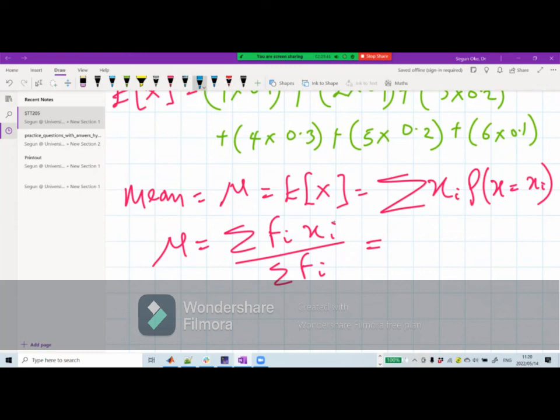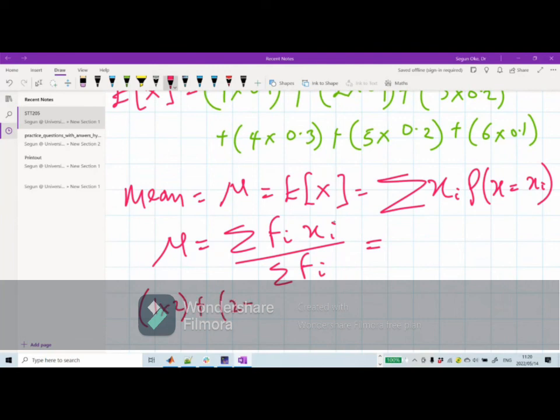That is what I'm saying: 1 multiplied by 2, plus 2 multiplied by, and so on.